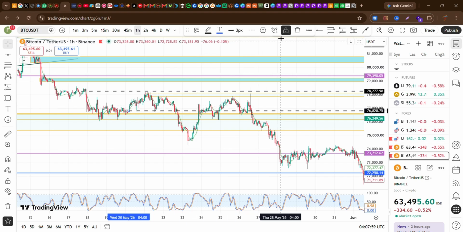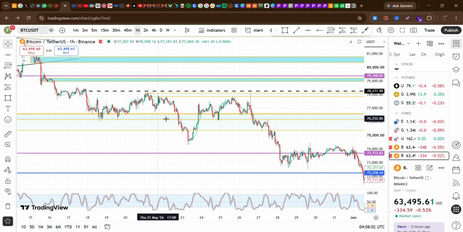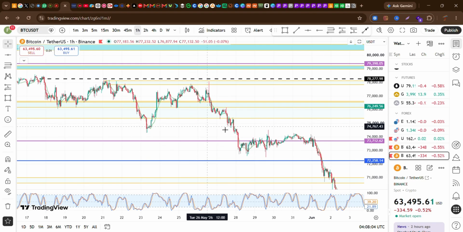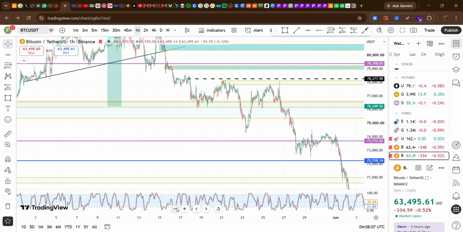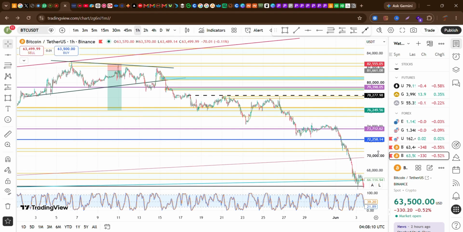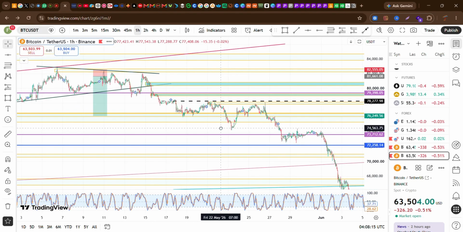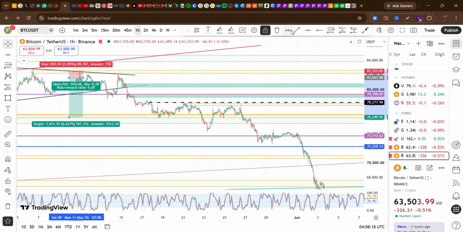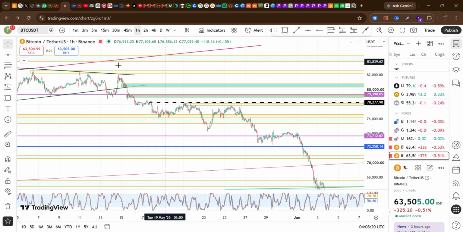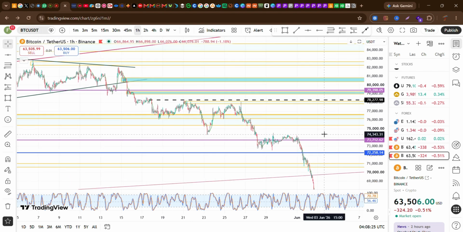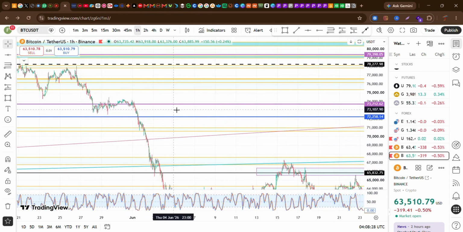I'm going to do away with this. This has fulfilled its aim. So what are we left with? I'm trying to clear things that are not useful again. Sometimes when you have too many lines, you tend to confuse yourself too. So this is another zone, a strong resistance zone.